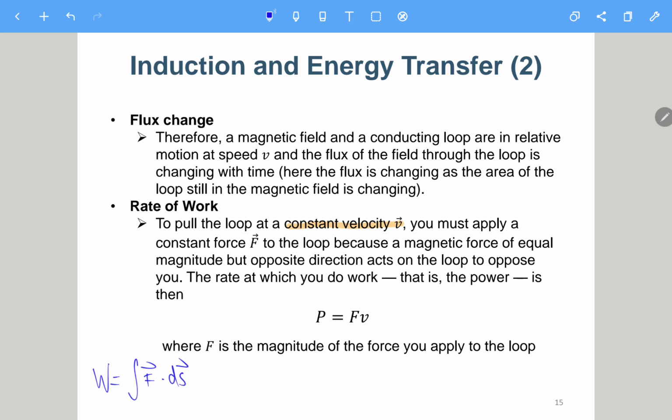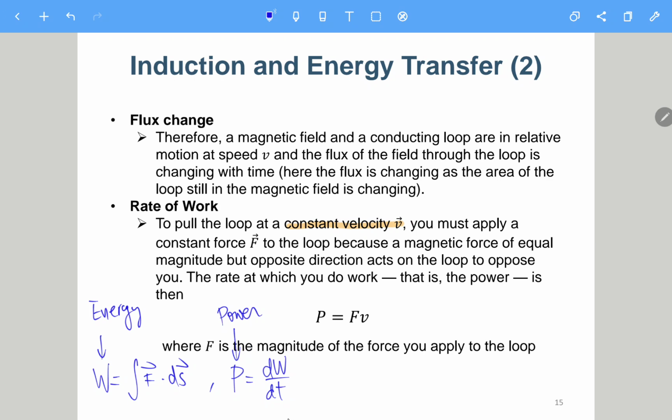F dot ds, and then the integration will be the work done. And then the power will be dW/dt. So this is the energy, and this is power.